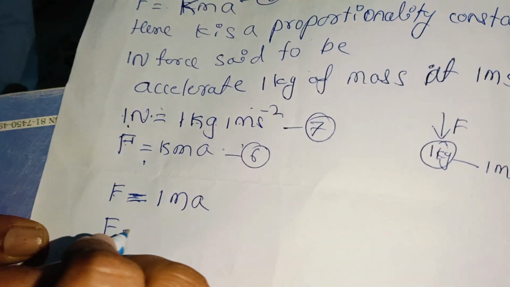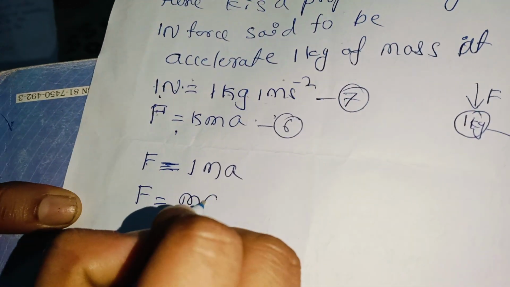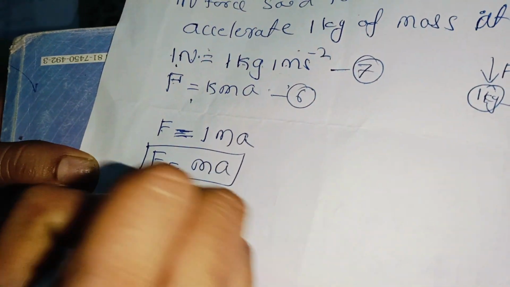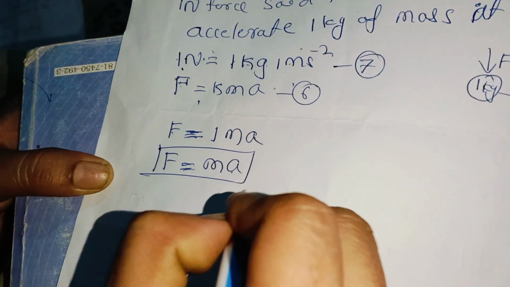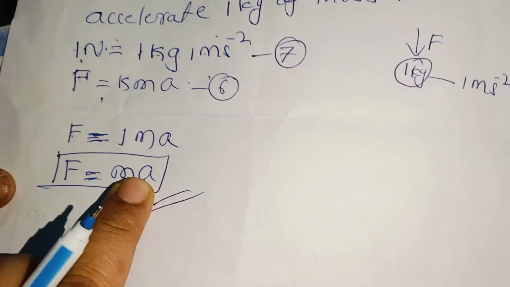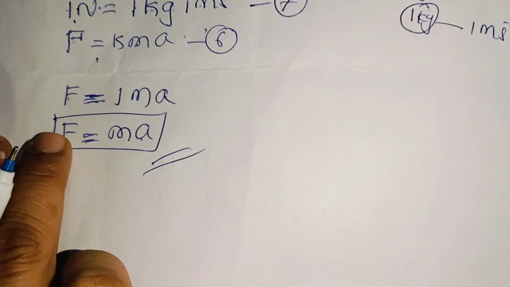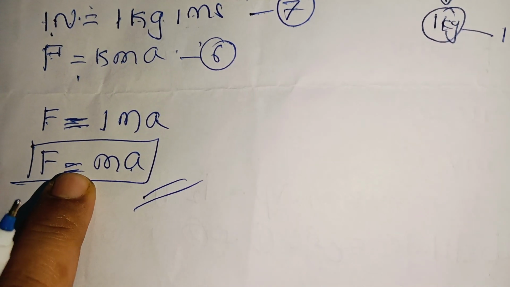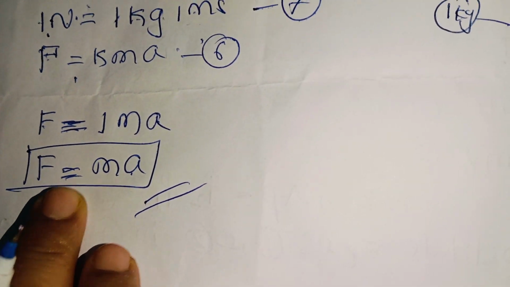So F is equal to 1 multiplied by anything. We get that F is equal to m into a. This is Newton's second law of motion: the momentum of an object is proportional to the unbalanced force applied on it in the direction of the force.